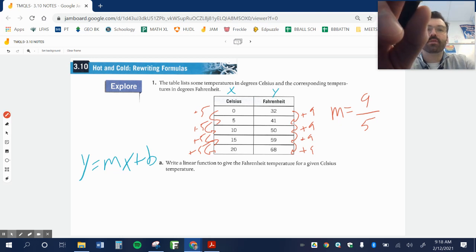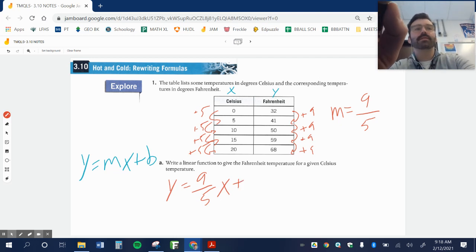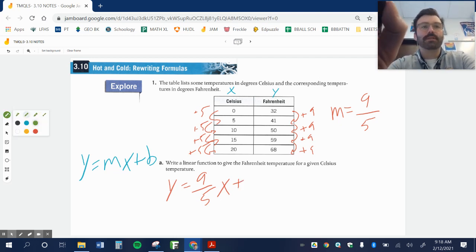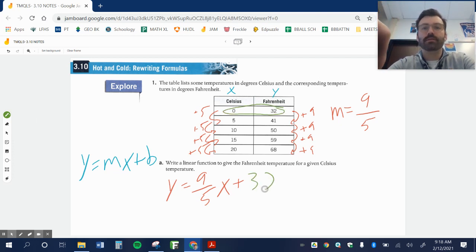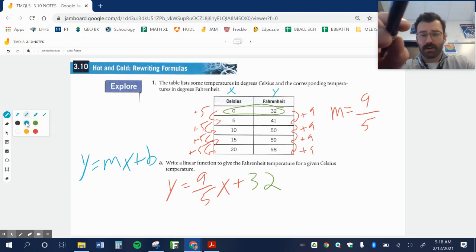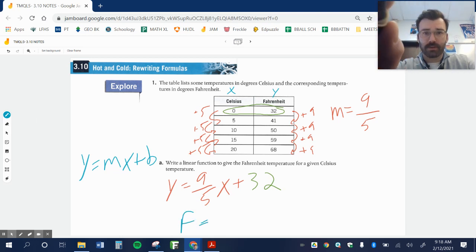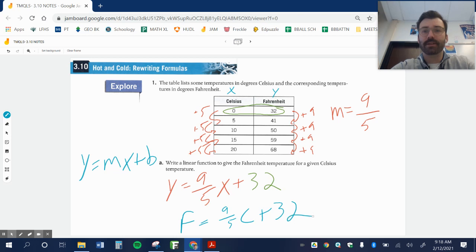I write my equation: y equals 9 over 5 x plus our y-intercept, which should be 32. Why is it 32? Because x is 0 at that point. So you could have also said Fahrenheit equals 9 over 5 Celsius plus 32.